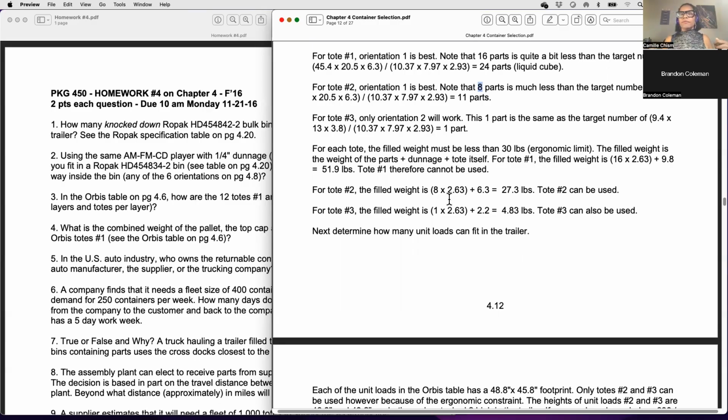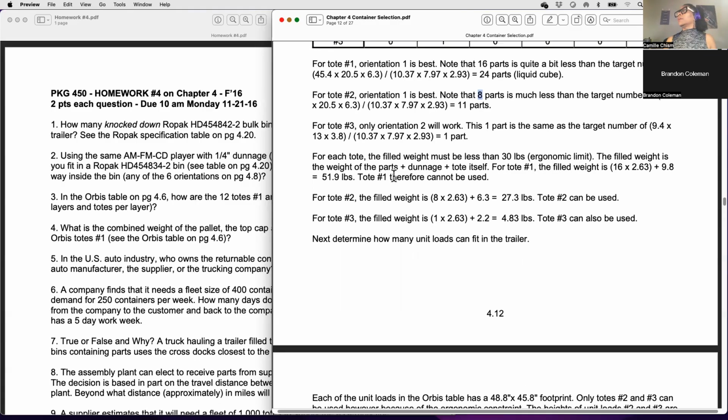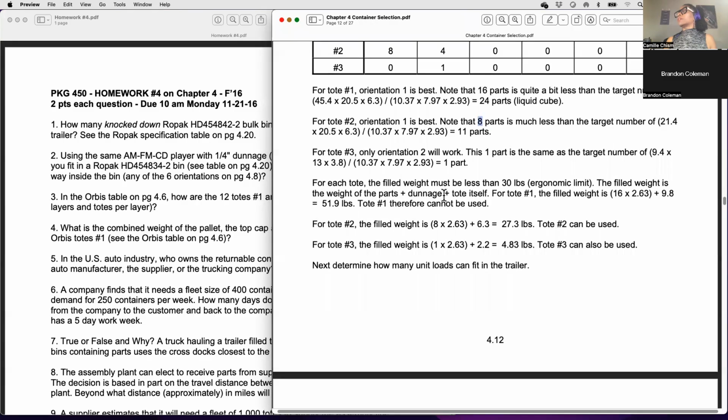Now your limitation for weight on these handheld totes is going to be your ergonomic limit for a manual carry of 30 pounds. So when you look at these, for tote number 1, when you take those 16 parts by the 2.3 pounds, and then you add the 9.8 for the tote itself, you're going to come up with 51 pounds, just under 52 pounds.